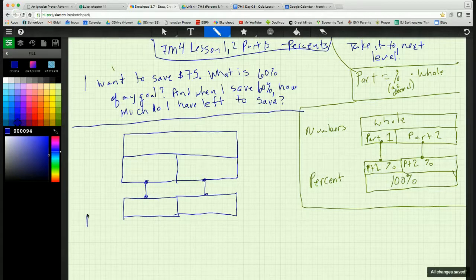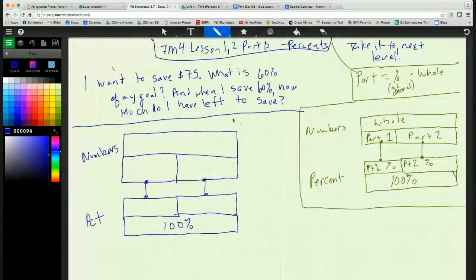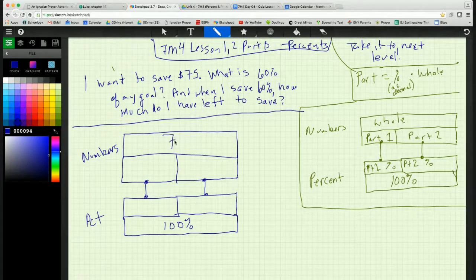These are my percents and these are my numbers. So this is always 100%. I want to save $75. That's my total. My total number is $75. This is my total to save.